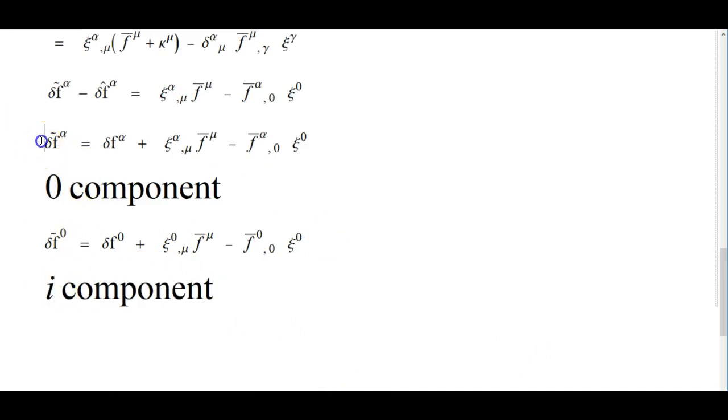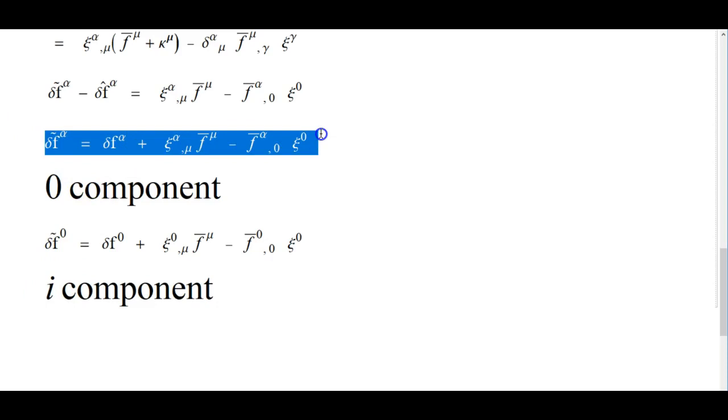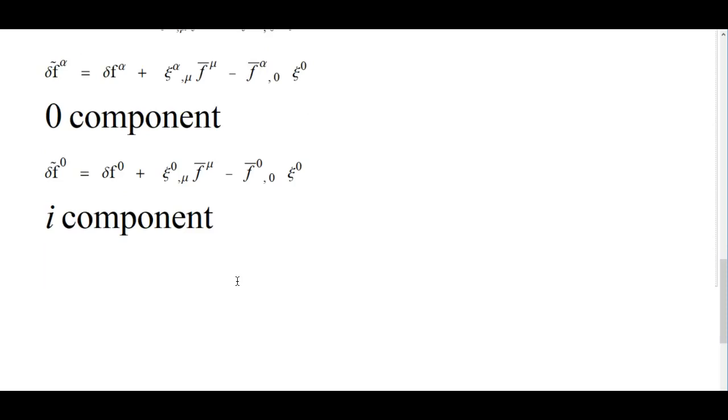I component, step number 1 is copy. Step number 2 is paste. Step number 3 is replace alpha with I. And what is f bar I 0? This will be 0 because f, oh no. What is f bar I?